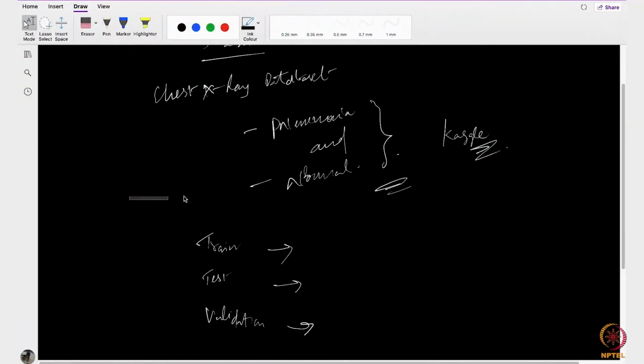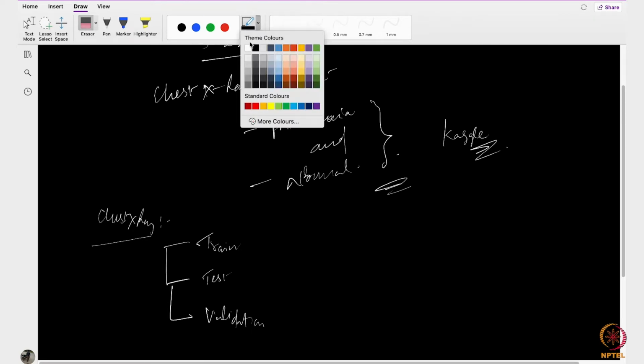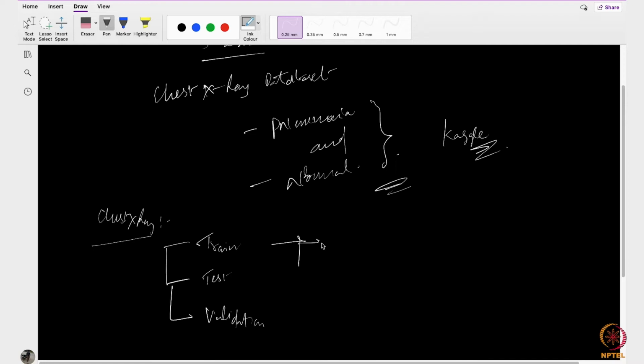Let's do it. First, we have chest X-ray. Chest X-ray is the main directory, and afterwards we have 3 folders. Again, subdirectories will be there.